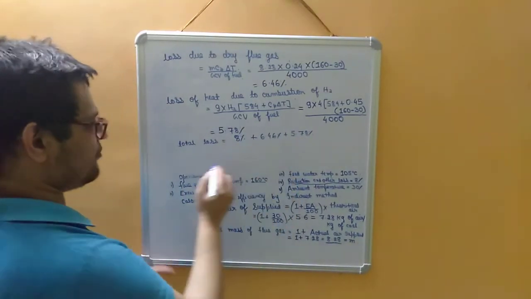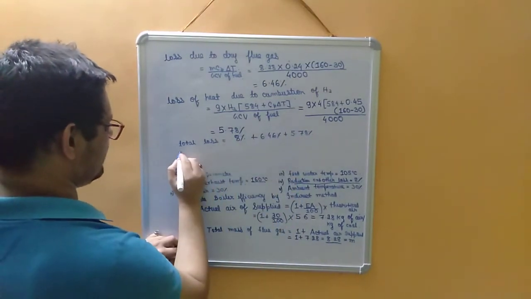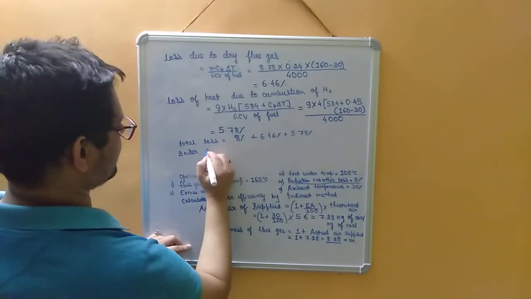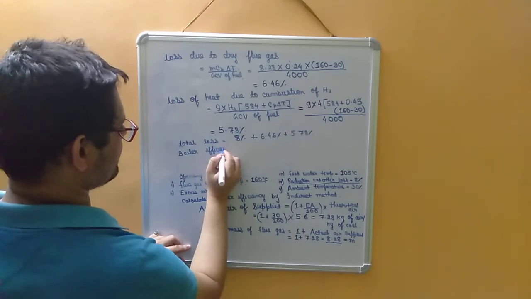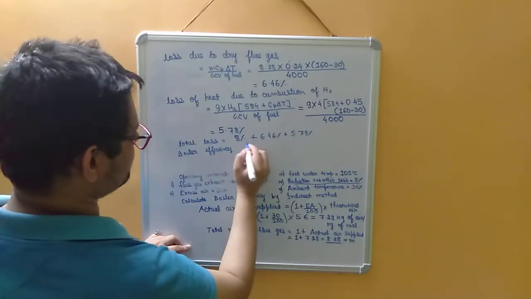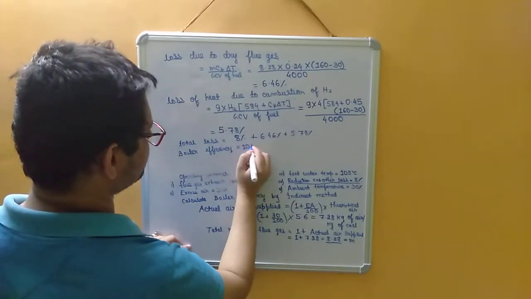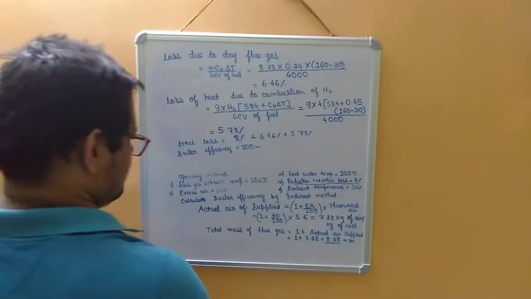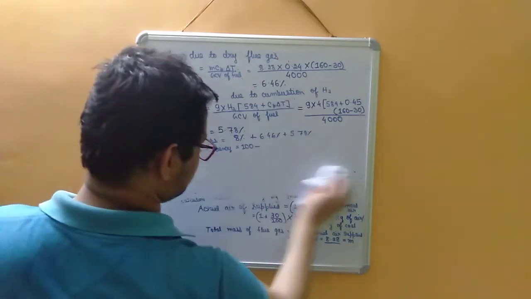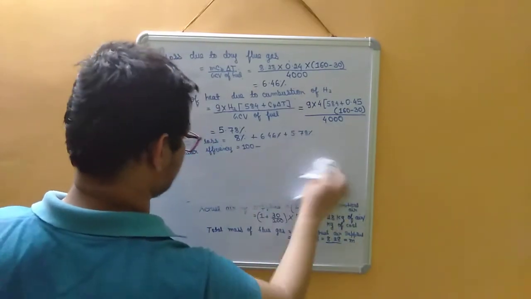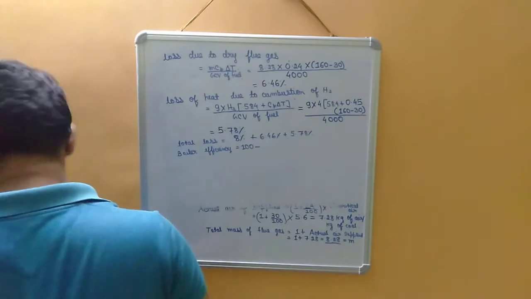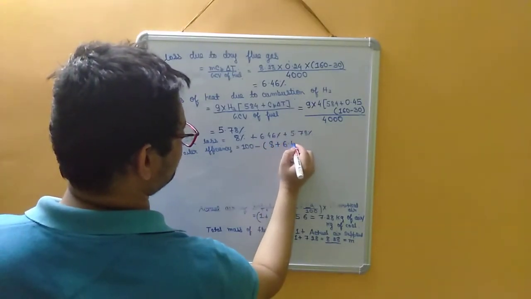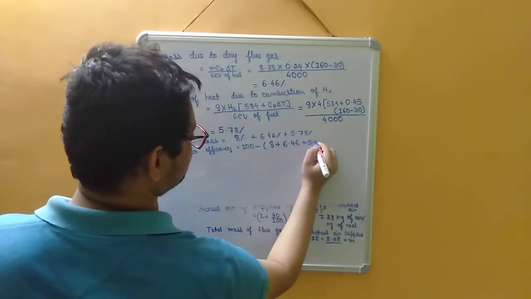Now we calculate the boiler efficiency. Boiler efficiency is equal to 100 minus (8 plus 6.46 plus 5.78).